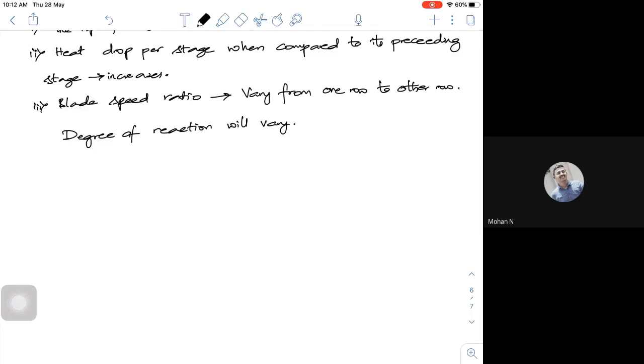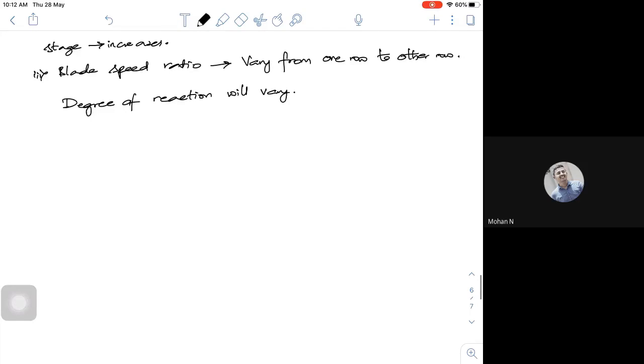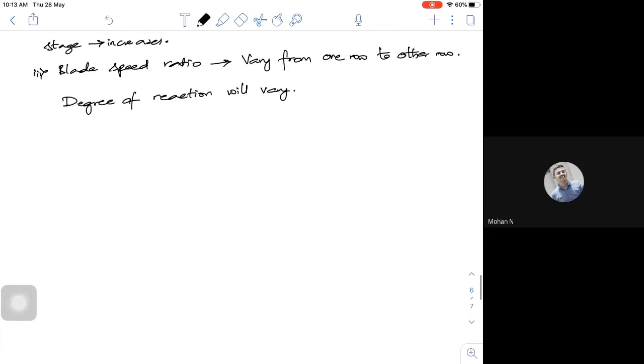To do that, if I try to put a velocity triangle for that, this is my U, and I have my V1 and VR1.